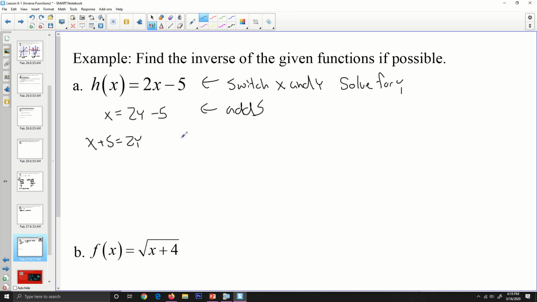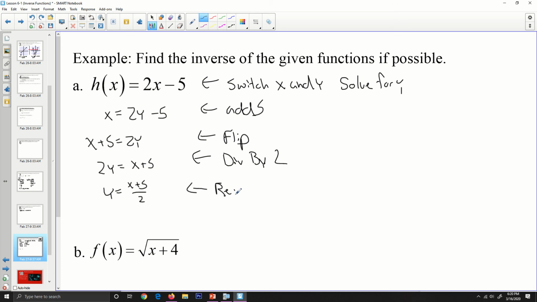Let's flip that, so I'll have 2y equals x plus 5. Then we're going to divide by 2, giving me y equals x plus 5 all over 2. Then we'll rewrite it for the final answer: f inverse of x equals x plus 5 all over 2.